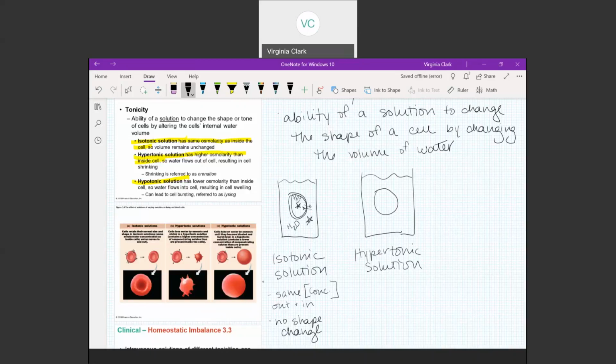I'm saying this several times because it's the only way to really keep track of this concept. So higher concentration out. If you have a higher concentration out, you're going to have a lower concentration of water in.